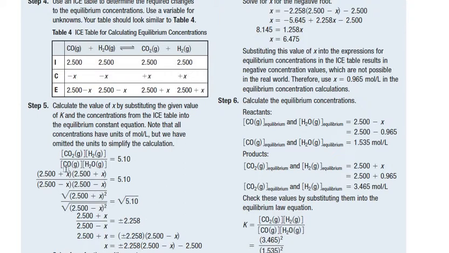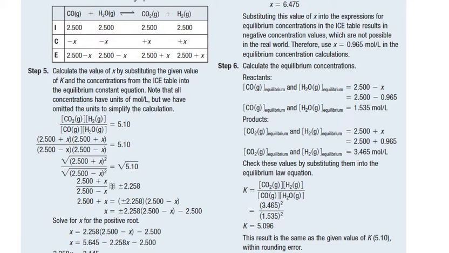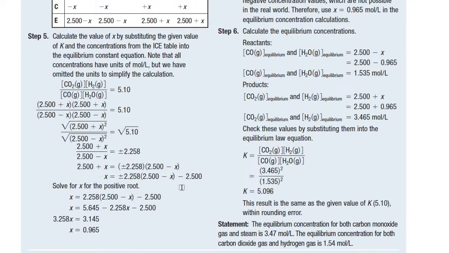Then we can simplify and solve it. After finding the square root, 2.5 plus x divided by 2.5 minus x equals plus or minus 2.258. So we will end up having two answers for x.